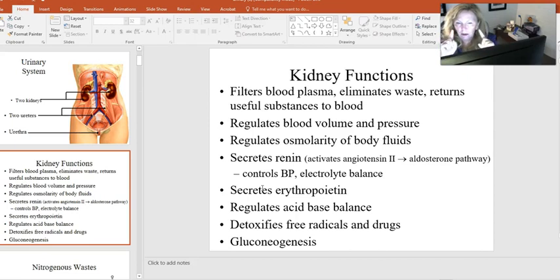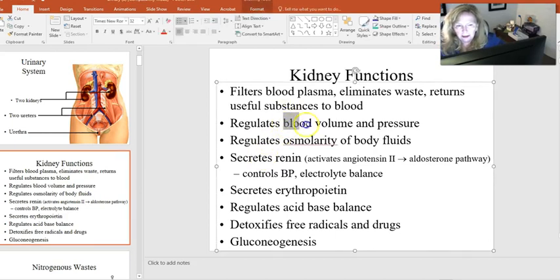So the kidneys are major players in controlling blood pressure, because blood pressure is directly related to blood volume. The more blood volume you have inside the vessels, the higher amount of pressure in the vessels. So if you can decrease the blood volume by decreasing the water in blood plasma, decreasing blood volume decreases blood pressure. So regulating blood volume and blood pressure is a major function of our urinary system.